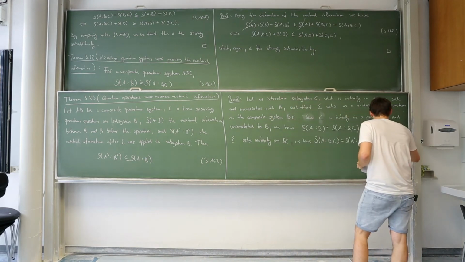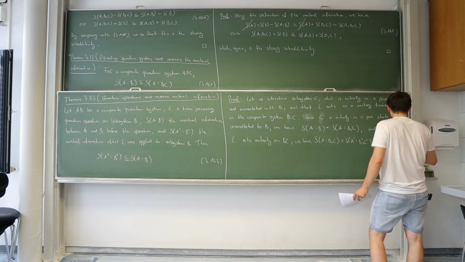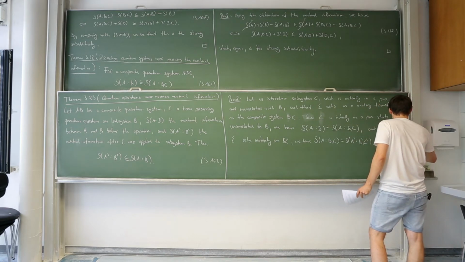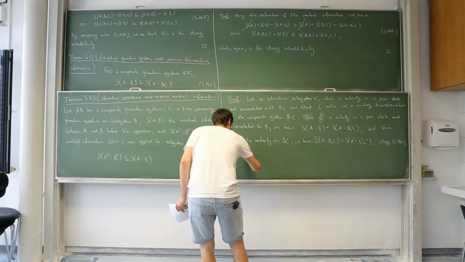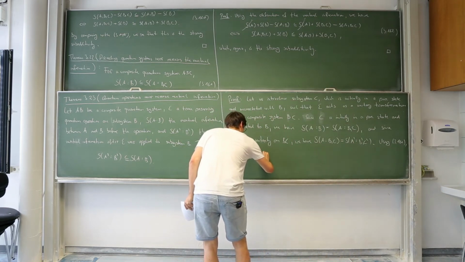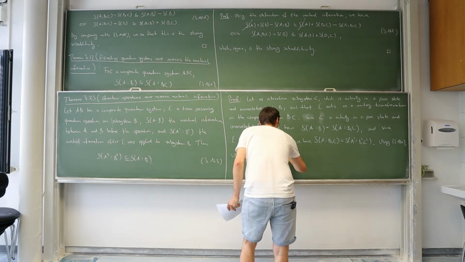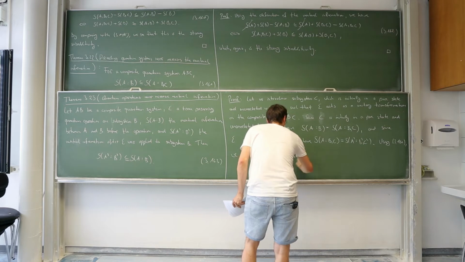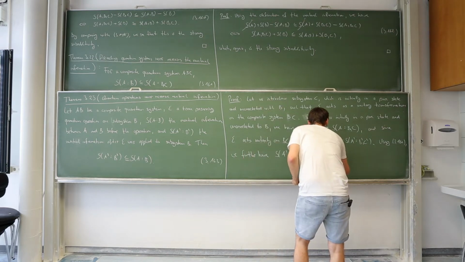So using 168, we further have that S of A prime B prime C prime is greater or equal to S of A prime and B prime.